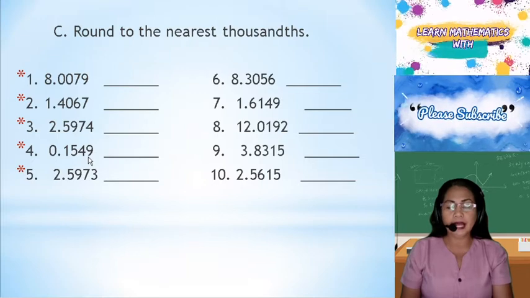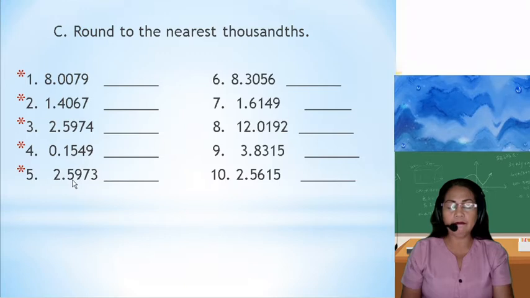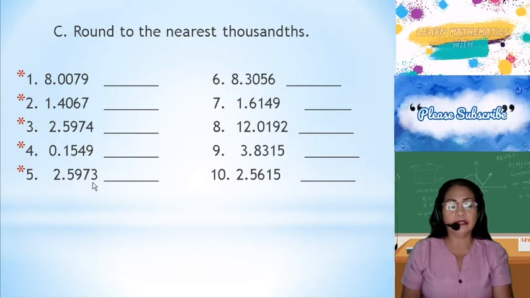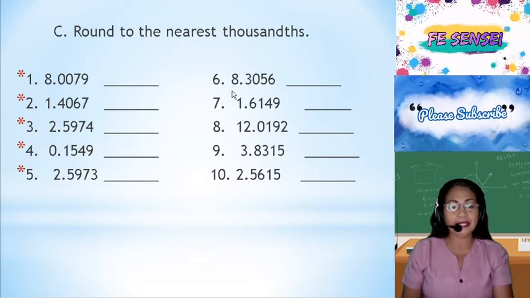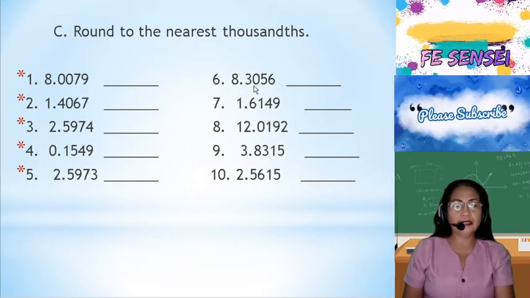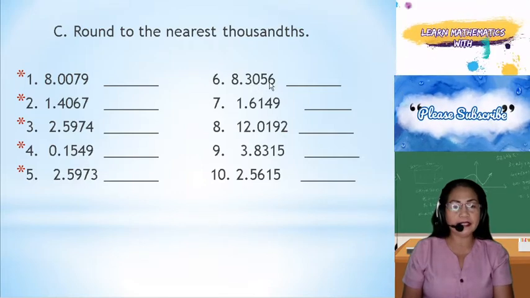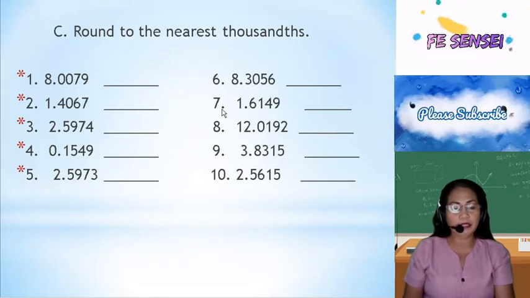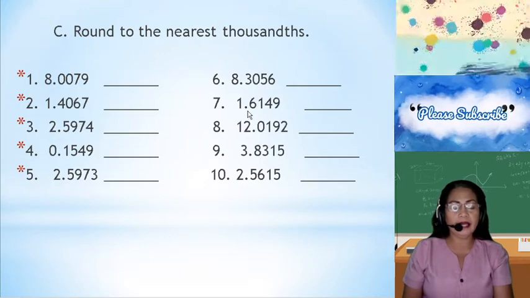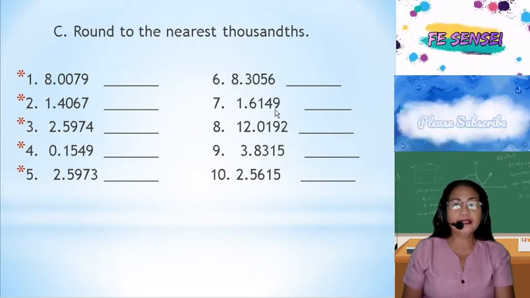1,549 ten-thousandths. Number 5, 2 and 5,973 ten-thousandths. Number 6, 8 and 3,056 ten-thousandths. Number 7, 1 and 6,149 ten-thousandths.